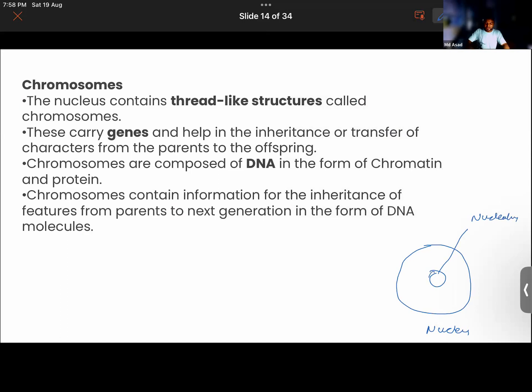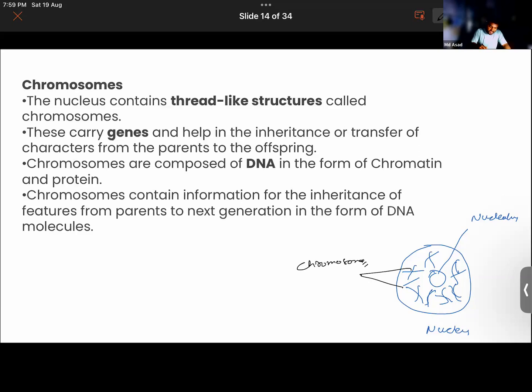And here you will see there are thread-like structures like this. These thread-like structures are called chromosomes. So these are basically chromosomes.